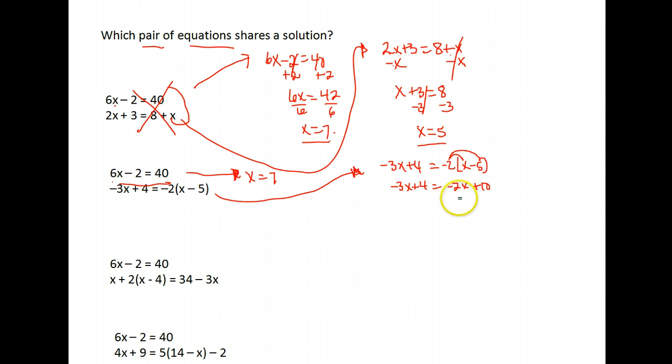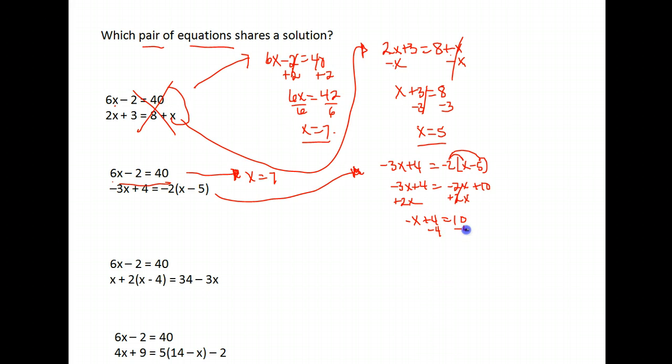Now we get x's on the same side. I want to move this negative 2x. So I do the opposite and add 2x. And whatever you do on one side, you have to do on the other. Negative 3x plus 2x is a negative 1x. Plus 4 equals 10. Okay. Now I need to get x by itself. So I have a plus 4 here.